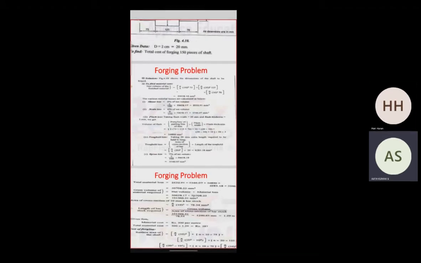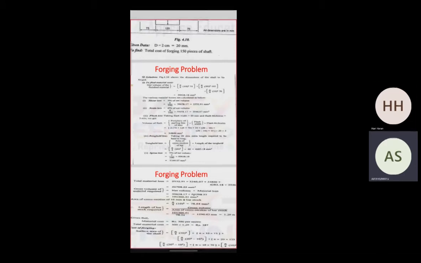For that we want to find the surface area of this shaft. So surface area, first component pi by 4 10 square, and next pi into 10 into 75, that is surface area of the cylinder.